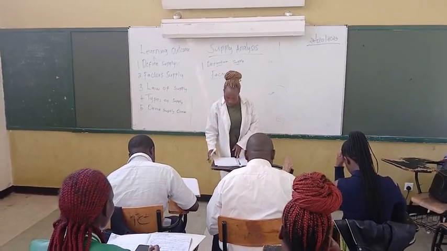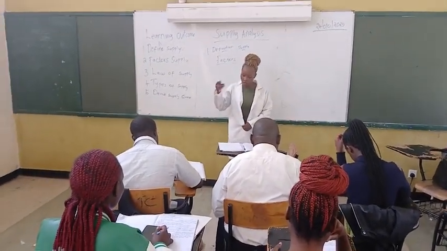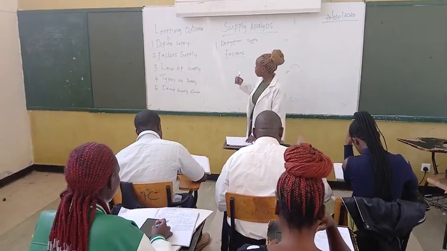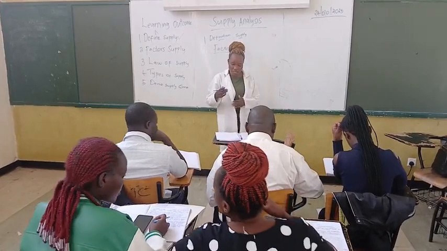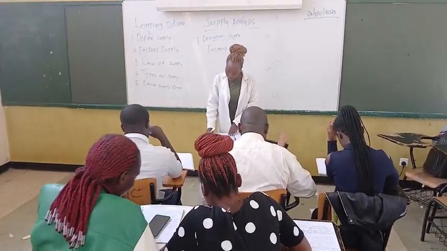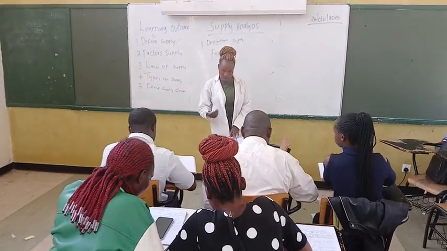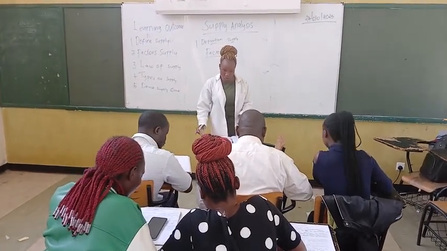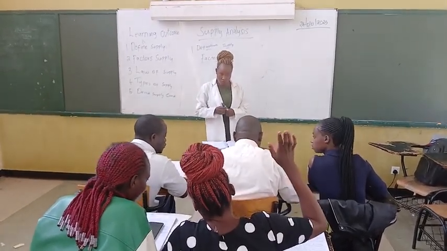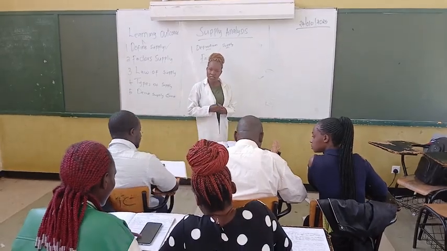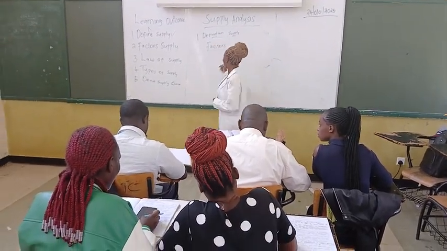In groups of two, can you give me factors affecting supply? Can you try so that I can give you answers? Yvonne? Price of the commodity. Yeah, price of commodity.